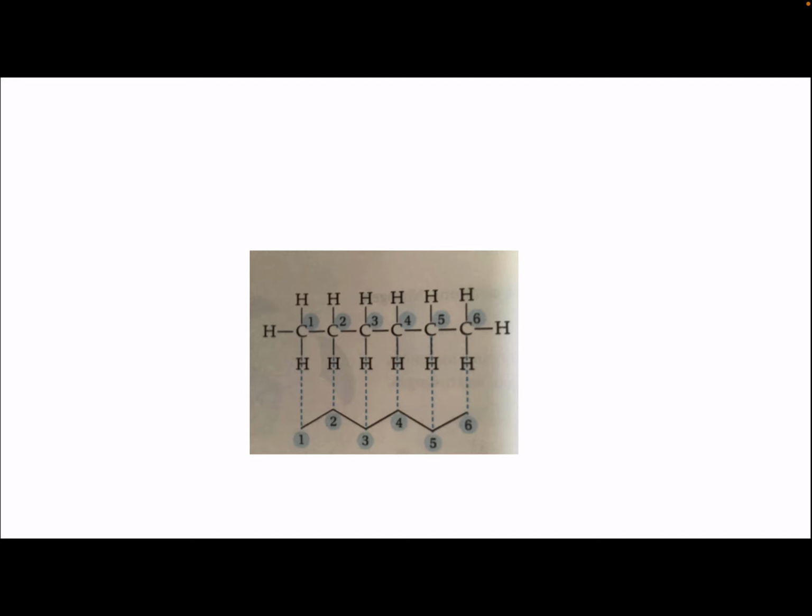It has 6 carbon atoms, numbered 1 through 6, all in a chain. All the carbon atoms have 4 bonds each, and they're attached to a specific number of hydrogen atoms. You can imagine how tedious it is to keep writing these carbon and hydrogen atoms. Imagine if you have a molecule with 12 or 20 or even 30 carbon atoms.